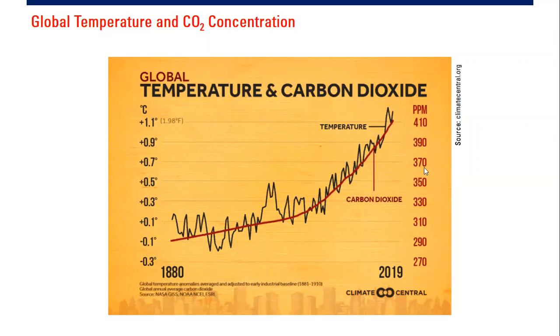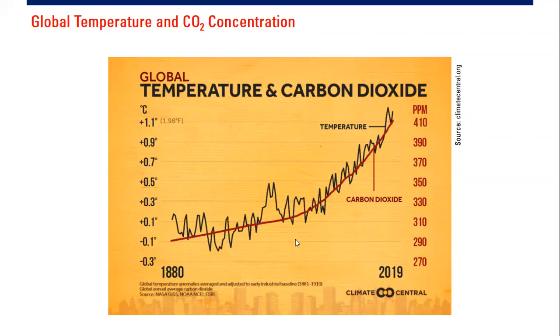And on the right vertical axis, we have the concentration of carbon dioxide in the atmosphere in ppm, parts per million. The horizontal axis is time, from 1880 to 2019.